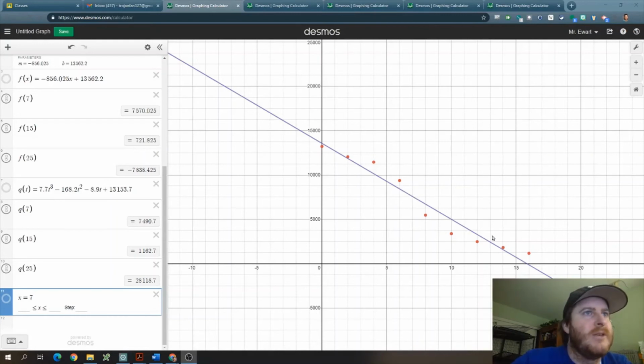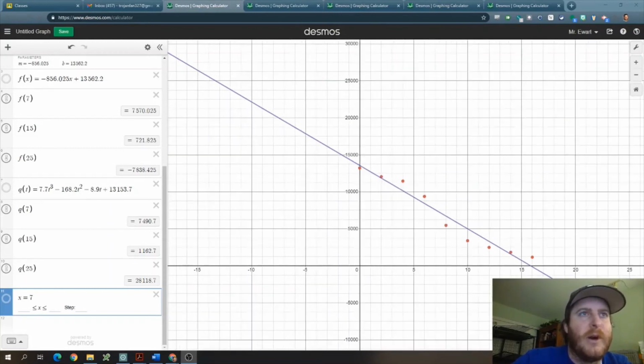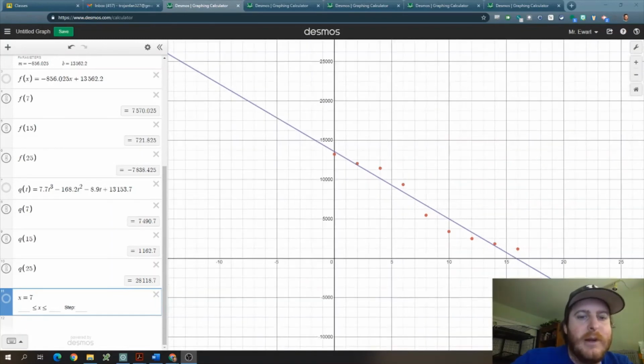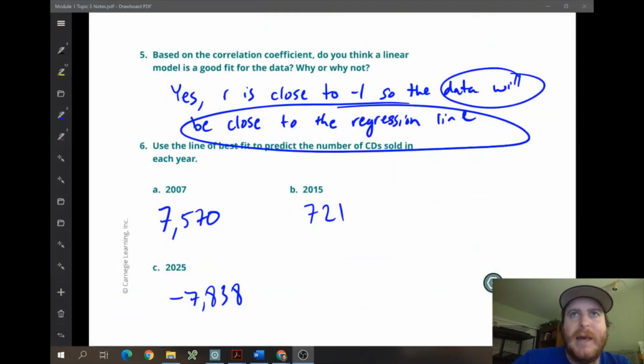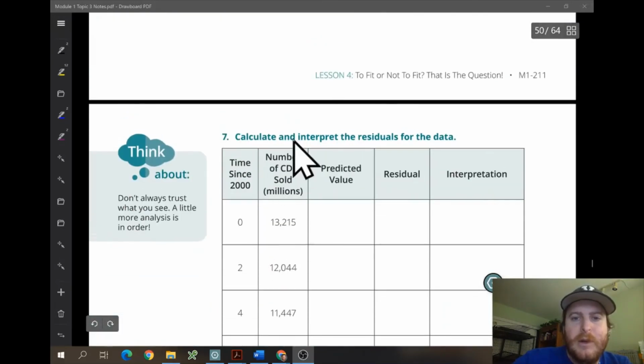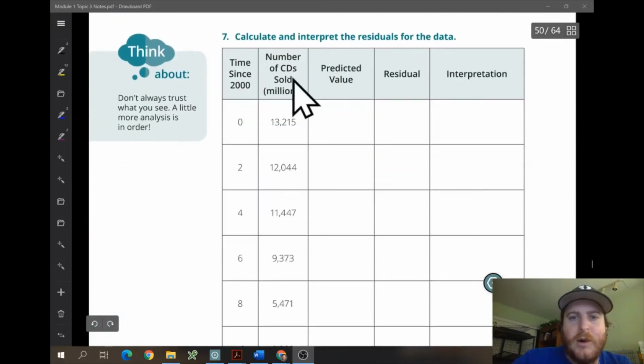And even the 2015 prediction, around 700, looks like a pretty good prediction. But the 2025 prediction is negative. That doesn't make any sense, right? So based on that prediction, maybe this is hinting that a linear model isn't the best model. Okay. So we can do our residuals and all of that, but I'm going to skip that.